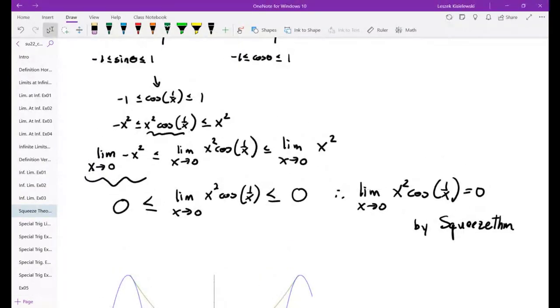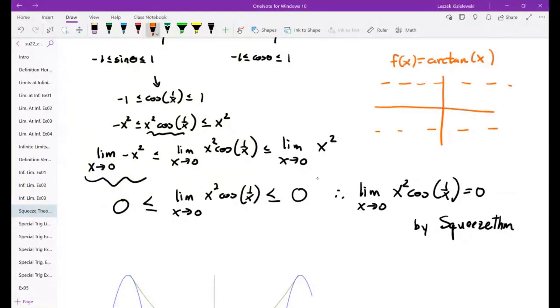I won't go into it, but maybe on your own, you want to look at the graph of arctangent of x. I mention it because that's another function that's bounded.